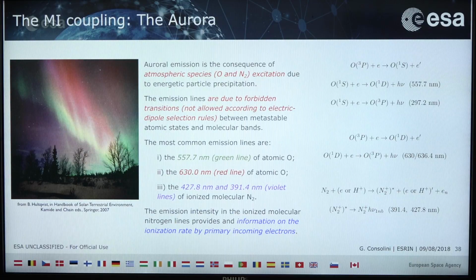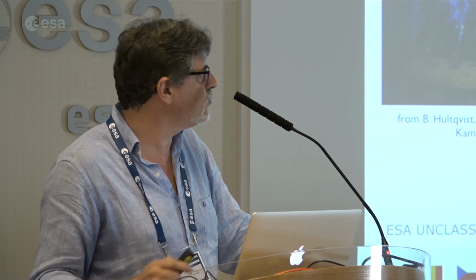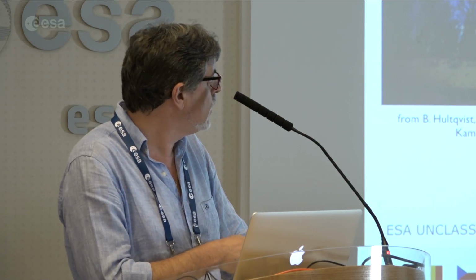Okay, what are the most important species involved in auroral emission? They are essentially oxygen and nitrogen, the molecular nitrogen. And in terms of physical process, it's very difficult to understand why we observe these lines, because they are generally due to forbidden transitions, in terms of quantum physics, from one state to the other.